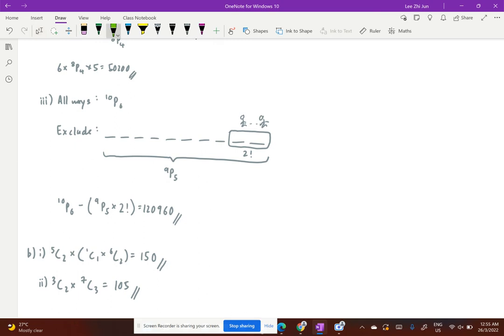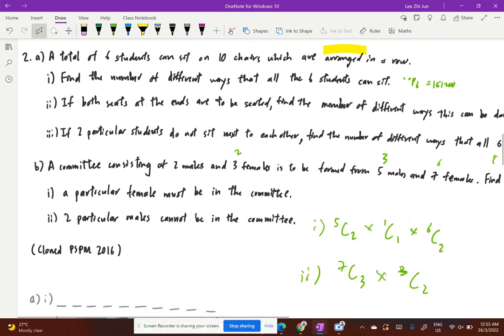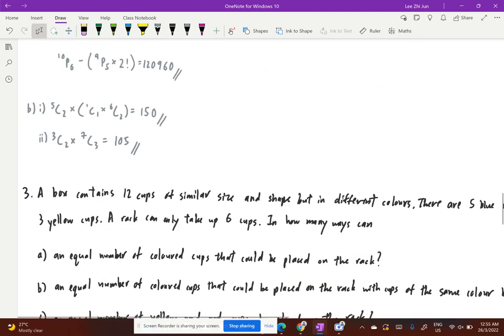The first will be 150 and the second will be 105.